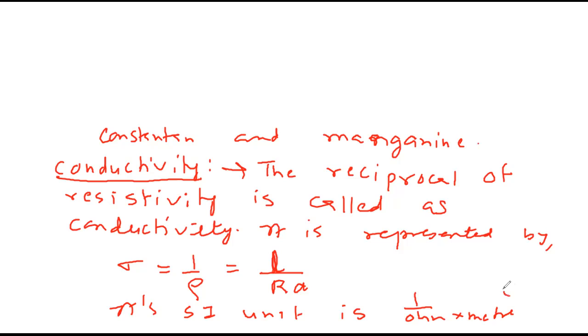You can also write ohm meter raised to minus 1. Ohm raised to minus 1 is also called Siemens. So Siemens meter raised to minus 1.